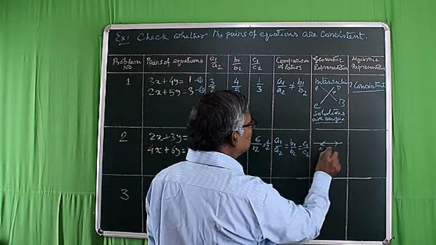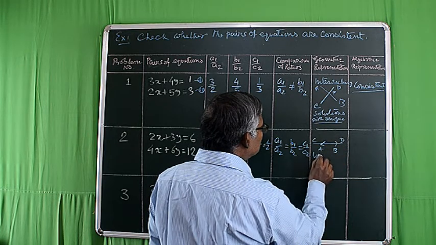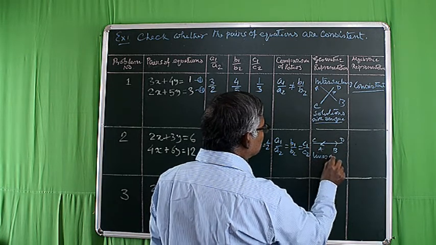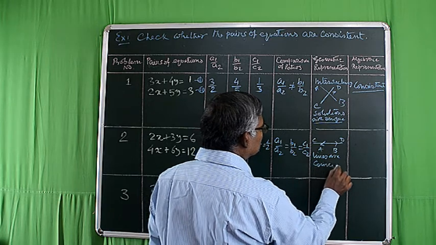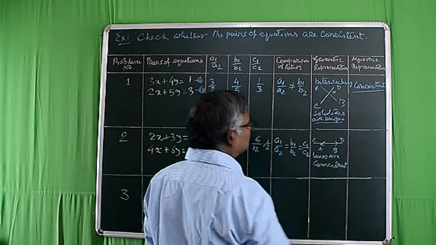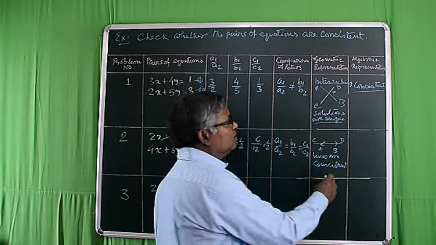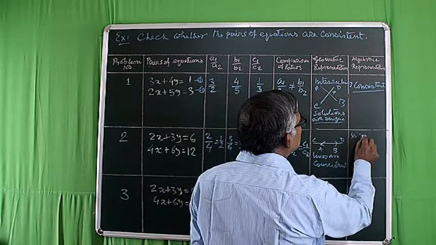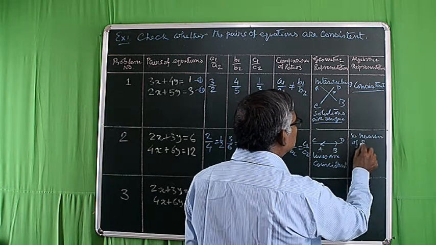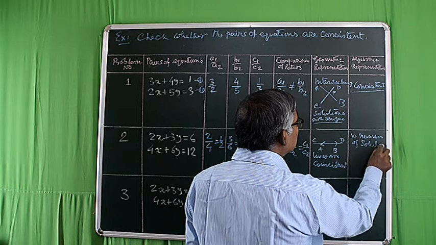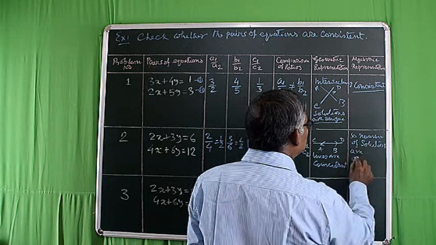Suppose it is AB and it is CD. Lines are coincident. In this case, the number of solutions is infinite.